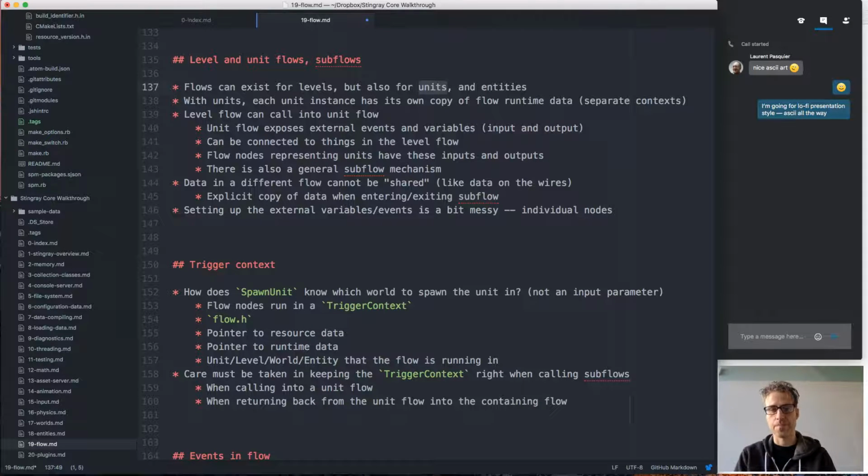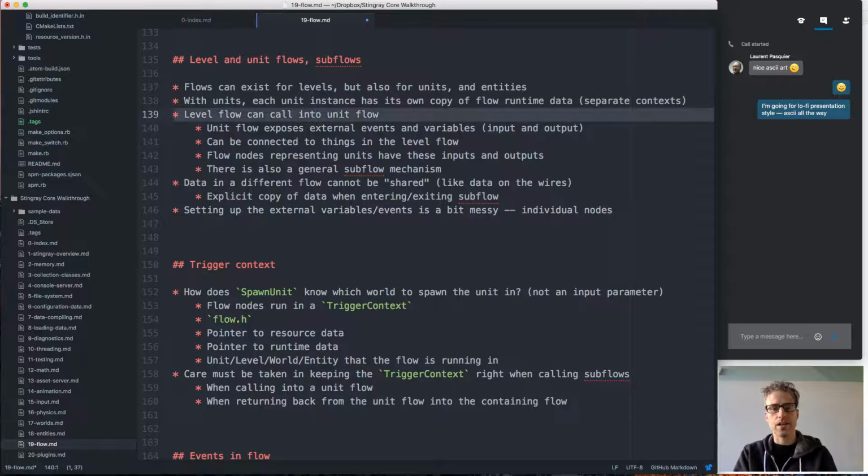It might contain a trigger that detects if someone is within a certain distance of the door, and then the door will open automatically. And if you have this in a unit, then every copy of this unit that you spawn will have that flow. So all the doors that you place in the level will get the flow functions for opening the doors. And each of these instances will then have its own copy of the runtime data, because they're separate execution contexts.